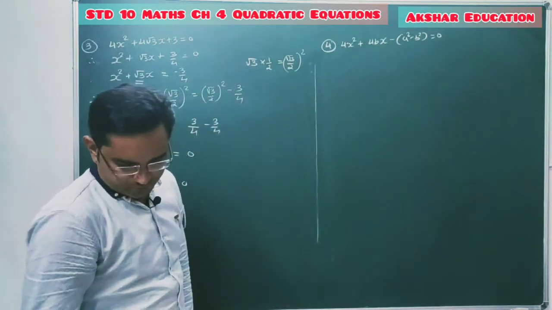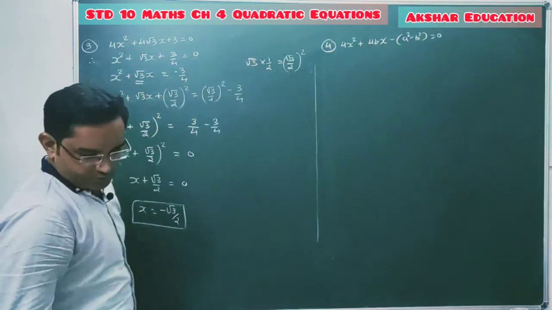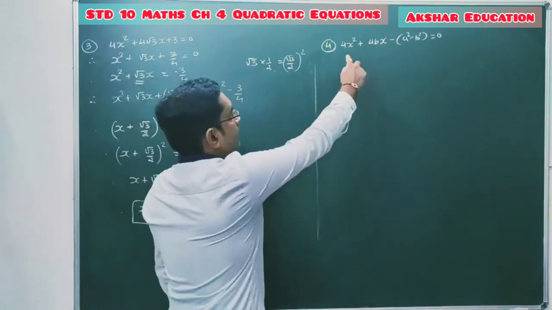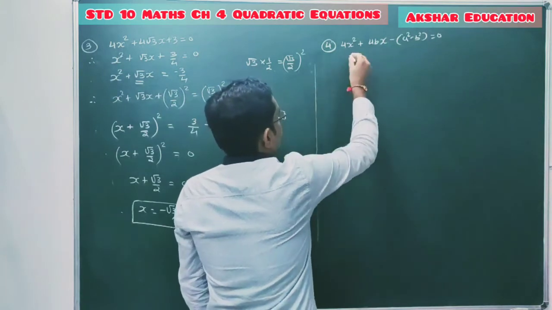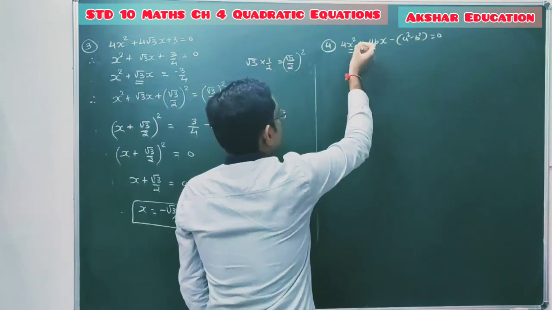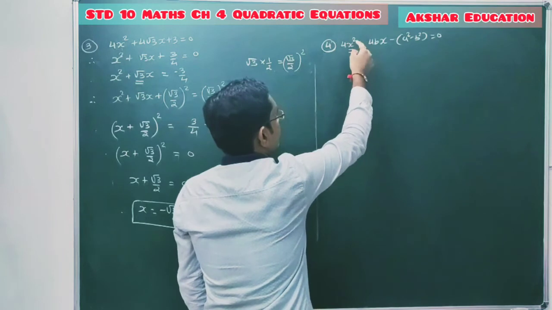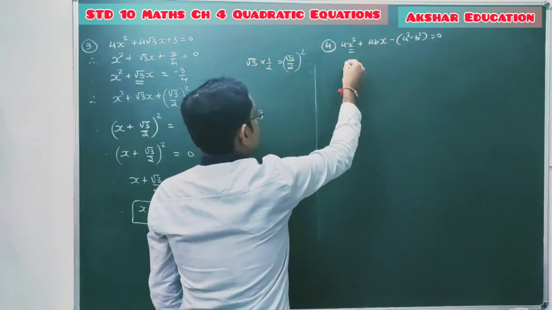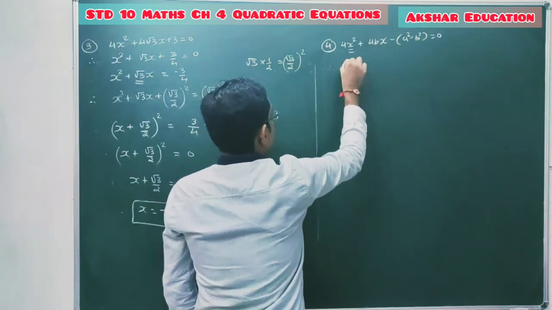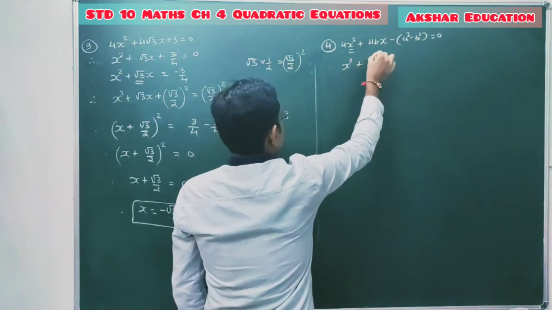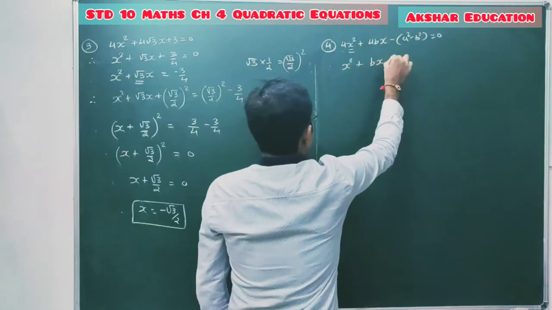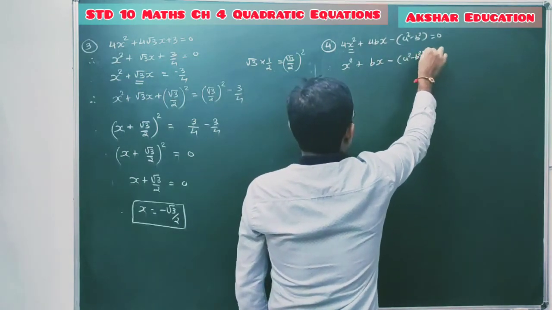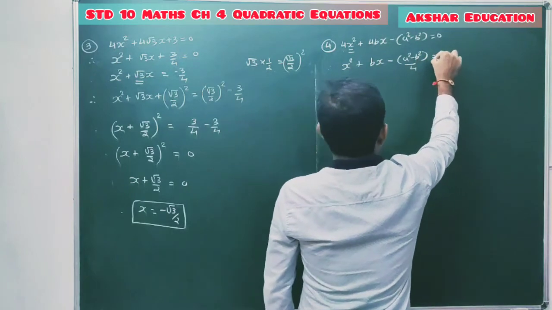So here you have to find the solution of this given quadratic equation. Again the coefficient is 4. You have to remove this coefficient of x square, so you have to divide both sides of this equation by 4. Your first step is x square plus bx minus (a square minus b square) by 4 equal to 0.